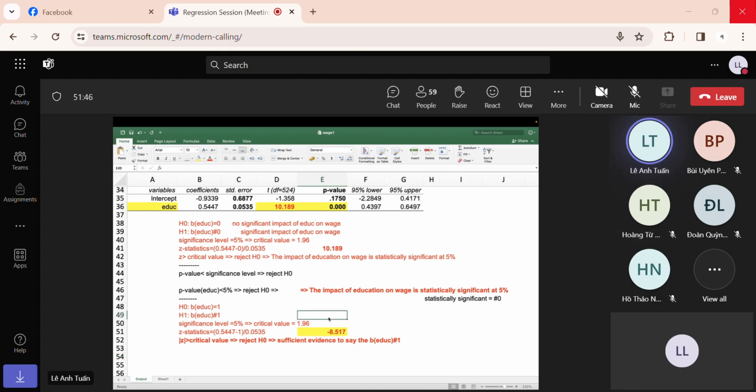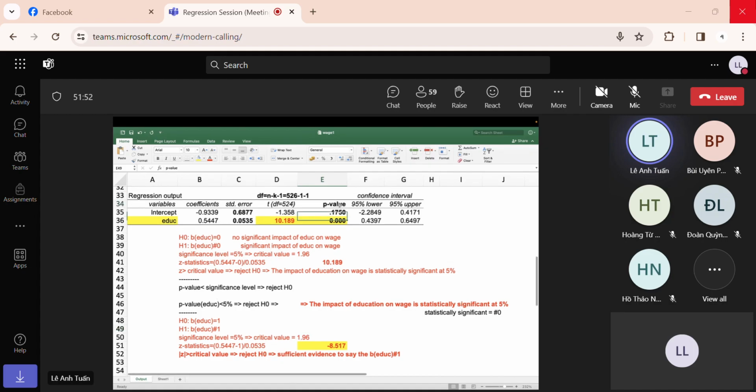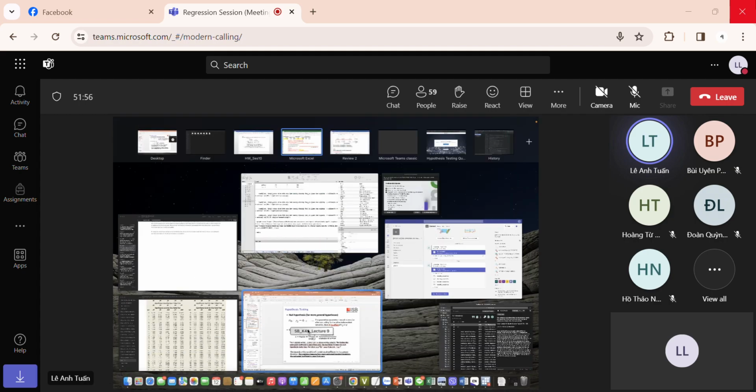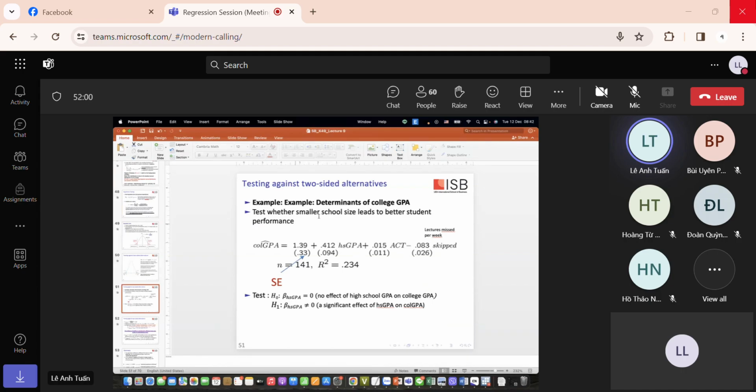Okay, here we can use the critical value or we can use the p-value. And we already know how to transfer the estimation result to the equation form.